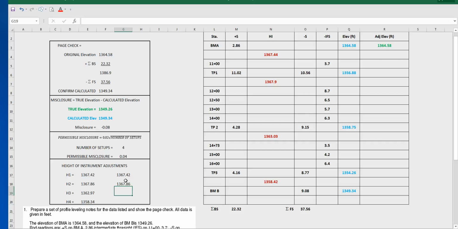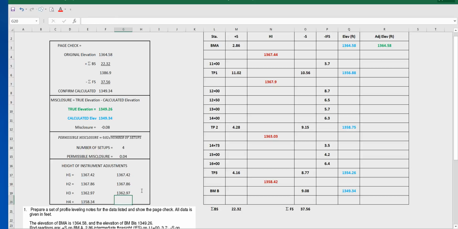Now, the third one is 1363.03, so it equals 1363.03 minus 0.08. And again, it's 0.08 because it's the actual misclosure, not the permissible misclosure, between the true value and the calculated value, times, and that little symbol right there is multiplication in Excel, 3 over 4, because this is the third setup.